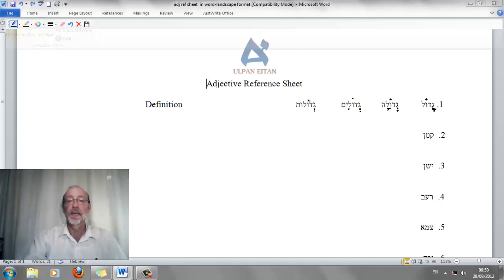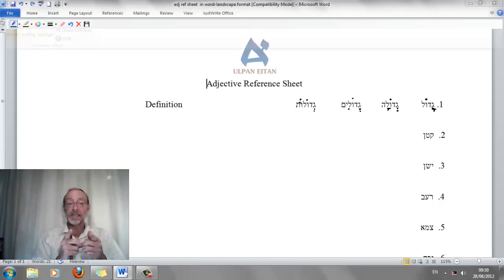gedolot. And once again, I call to your attention, for those of you who have seen prior classes, you've seen the idea of motion in the word. In Hebrew, we want to see, as a general rule, the default rule you might call it, of Hebrew, that the accent should fall at the end of the word. So this adjective, the first adjective we're looking at on the sheet, gadol, it comes out as gadol.